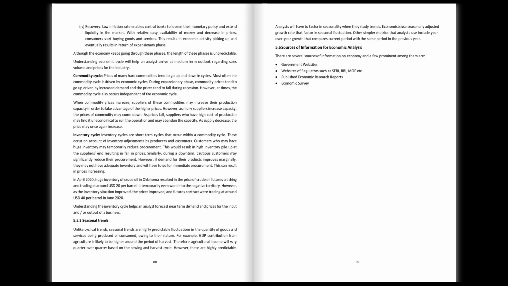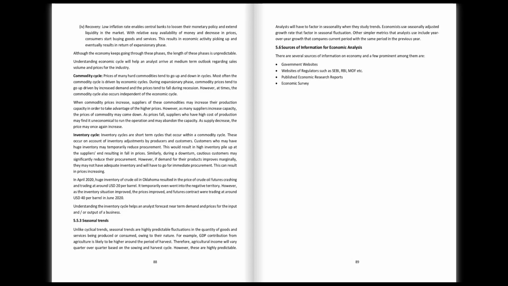When commodity prices increase, suppliers of these commodities may increase their production capacity in order to take advantage of the higher prices. However, as many suppliers increase capacity, the prices of commodities may come down. As prices fall, suppliers who have a high cost of production may find it uneconomical to run the operation and may abandon the capacity. As supply decreases, the price may once again increase.